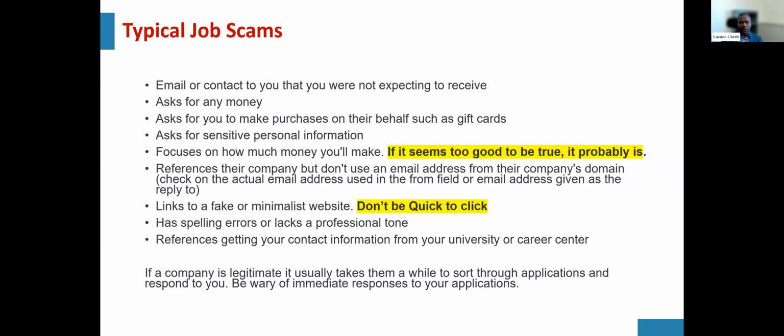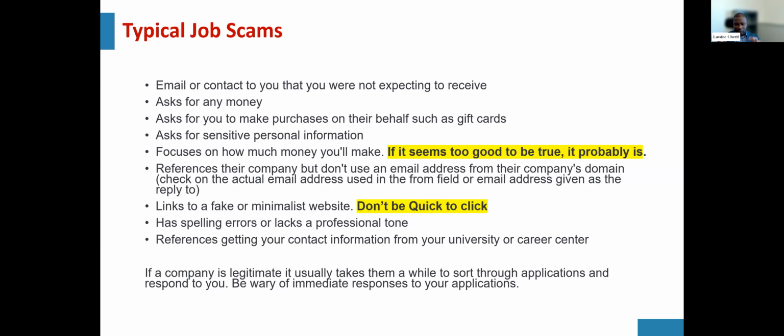In some cases, they will claim to be from an organization, but use a different email. In some cases, you might see a link that will take you to a fake website. I remember this happened a couple of years back, where a scammer will send you an email claiming to be from Bank of America, with a link that will take you to a fake Bank of America website.